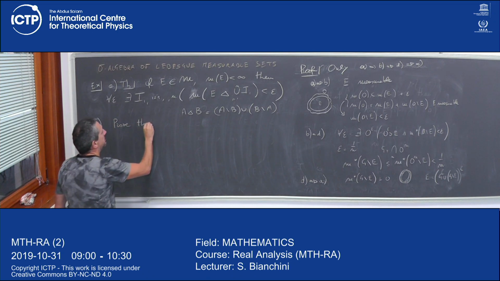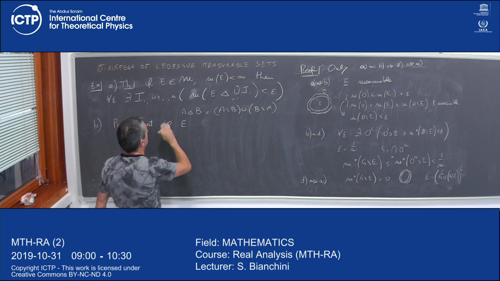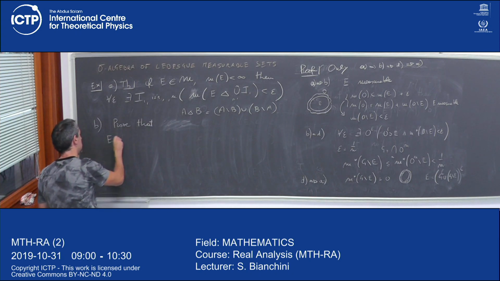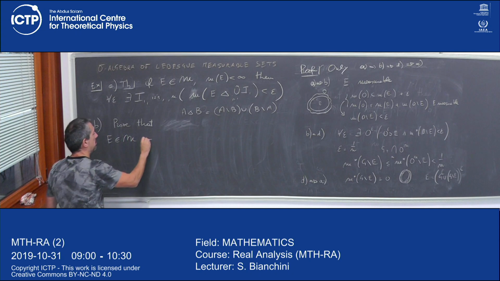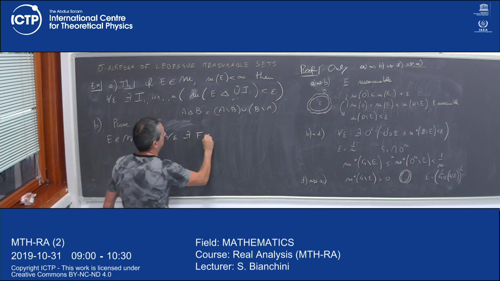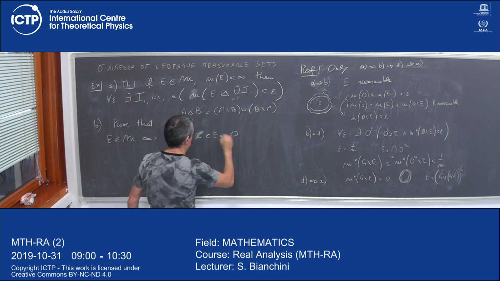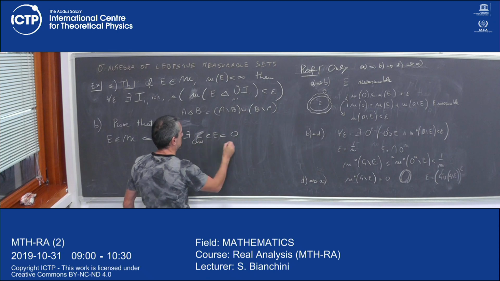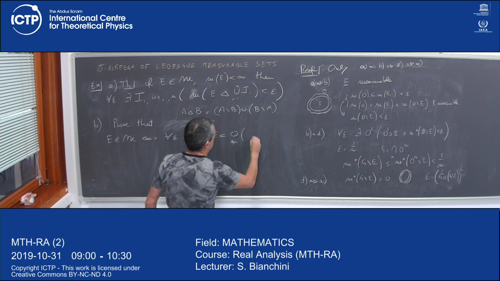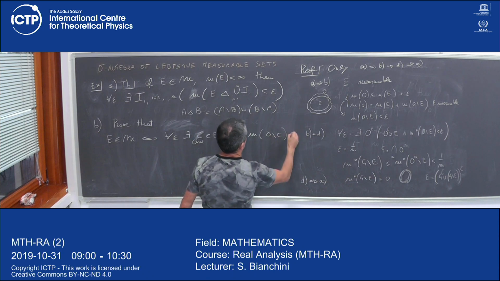Prove that E measurable is equivalent to: for all epsilon, there exists C closed, O open, with C contained in E contained in O, and the measure of O minus C is less than epsilon.